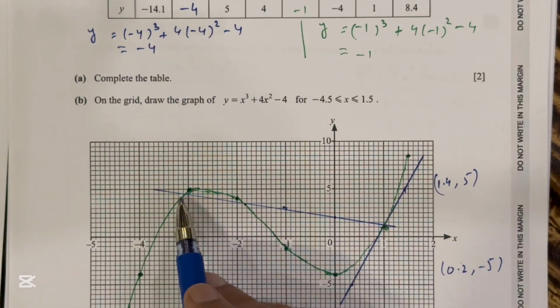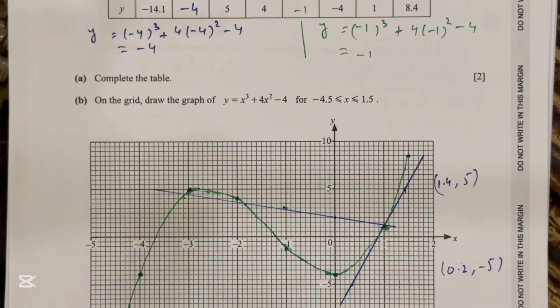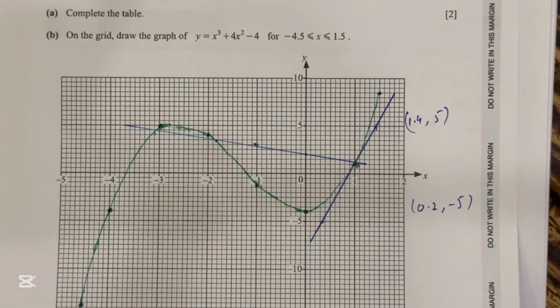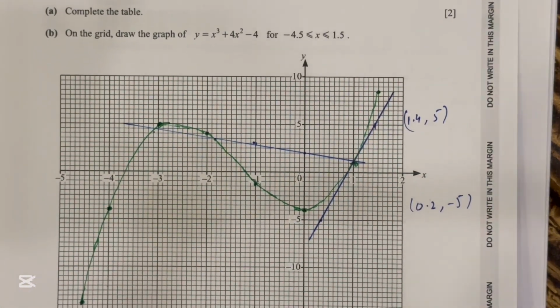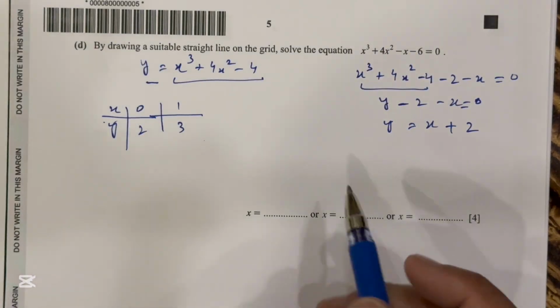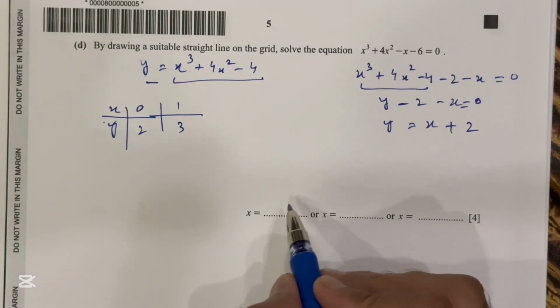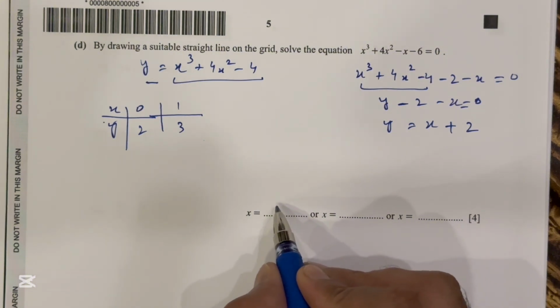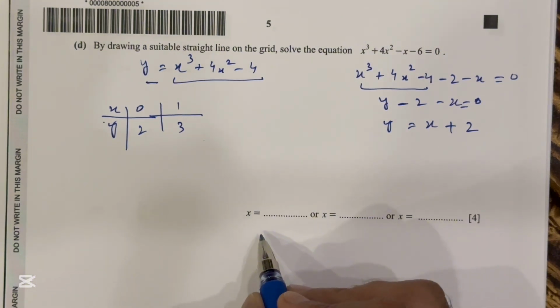One is this, one is that, and so these are the 3 values you can write in your answer space. The answer is given in a range, so any value between these ranges would be considered correct.